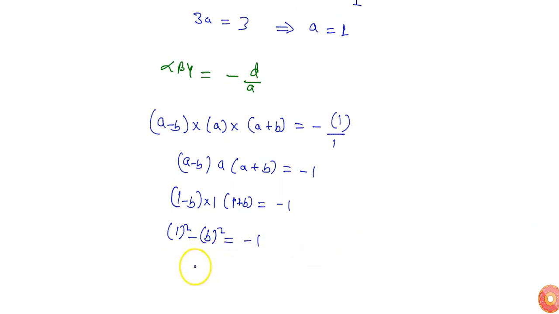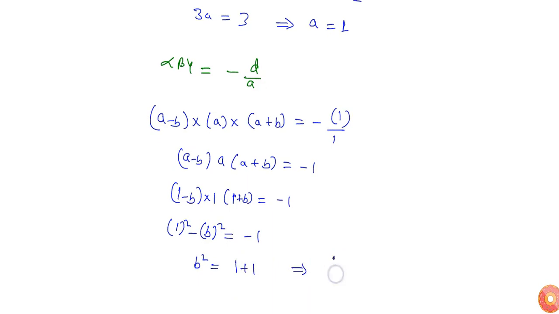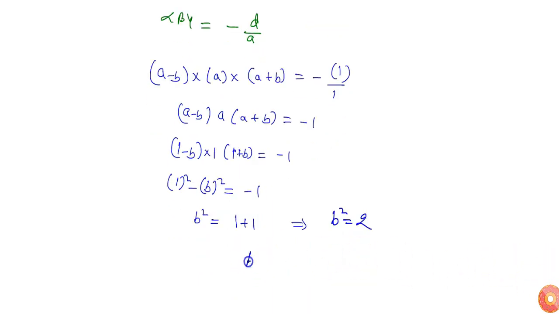From here I can write b square equals 1 plus 1, or I can say b square will be 2, or I can say b will be plus or minus under root 2.